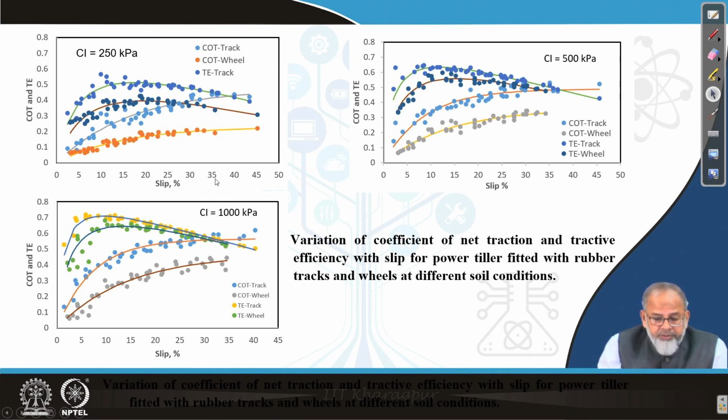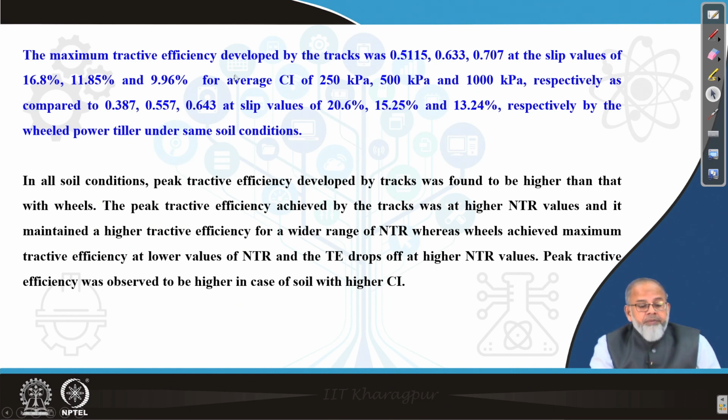So in summary, what you can say, the maximum tractive efficiency which is developed by track was 51.15%, 63.3% and 70.7% at the slip values of 16.8%, 11.85% and 9.96%.